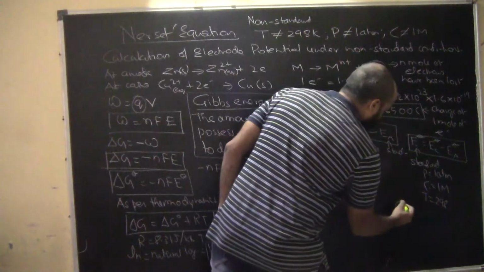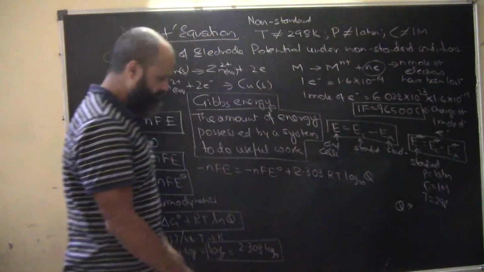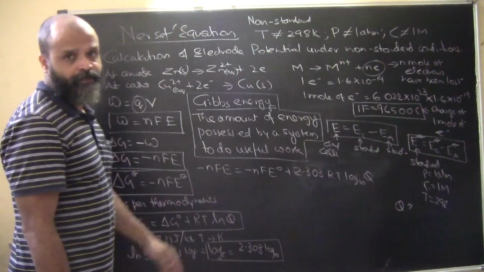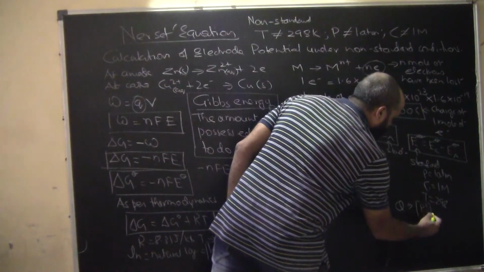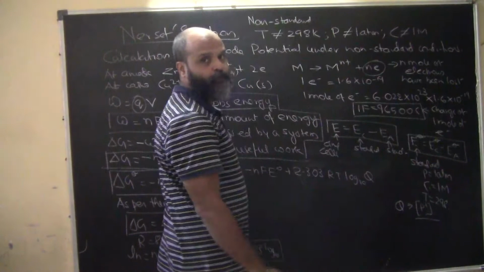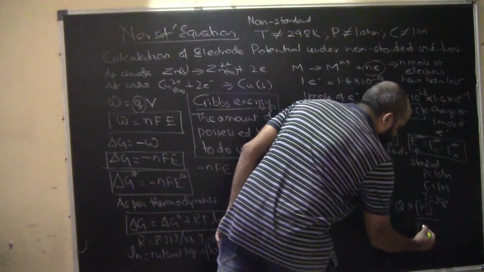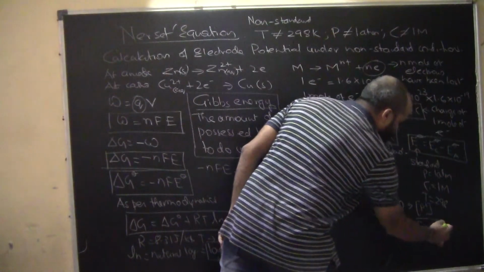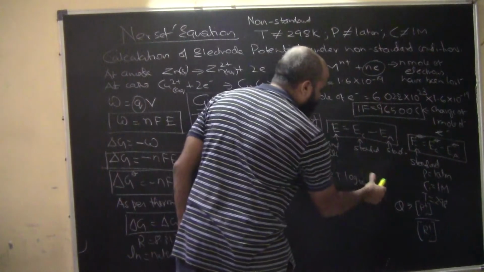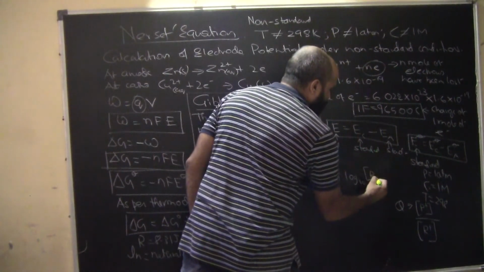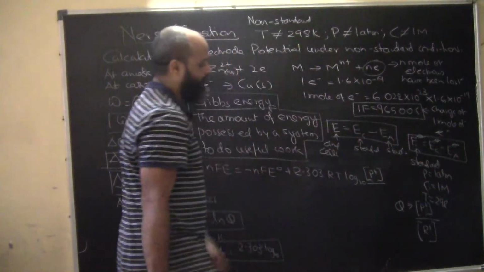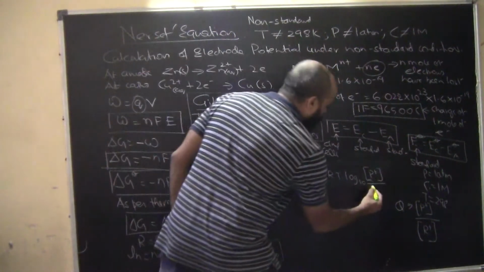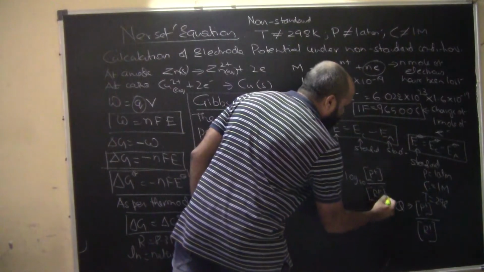Q is basically the reaction quotient, the molarity of the ions of the products upon the molarity of the ions of the reactants.